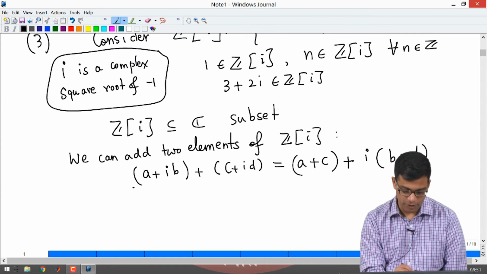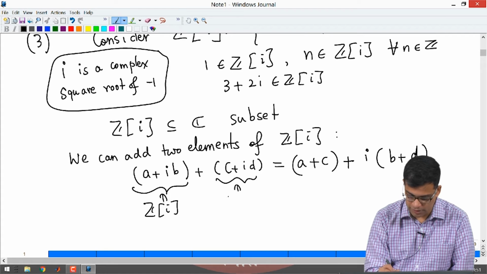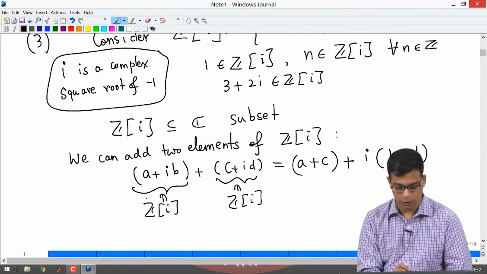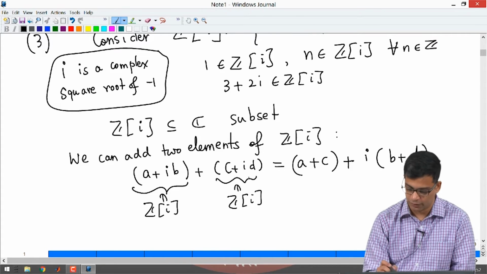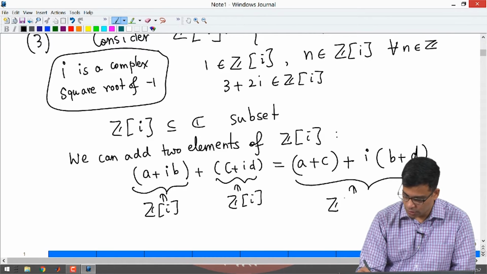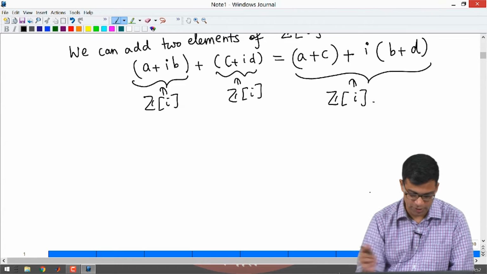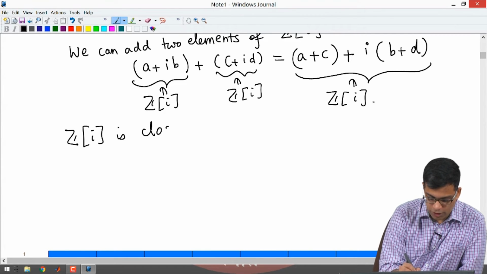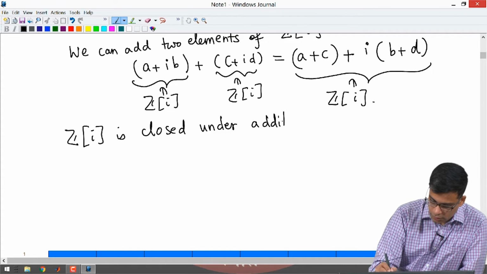Now, if this is in Z[i] and this is also in Z[i], that means what? a and b are integers by definition, c and d are integers by definition. So, a plus c is an integer, b plus d is an integer. So, this is also in Z[i], right. In other words, what we have just shown is Z[i] is closed under addition.